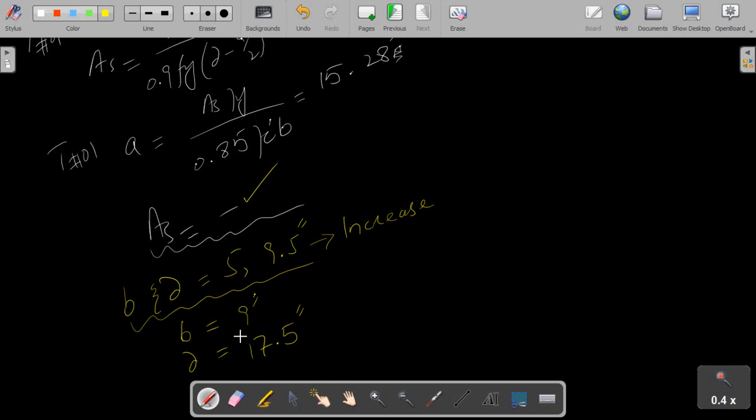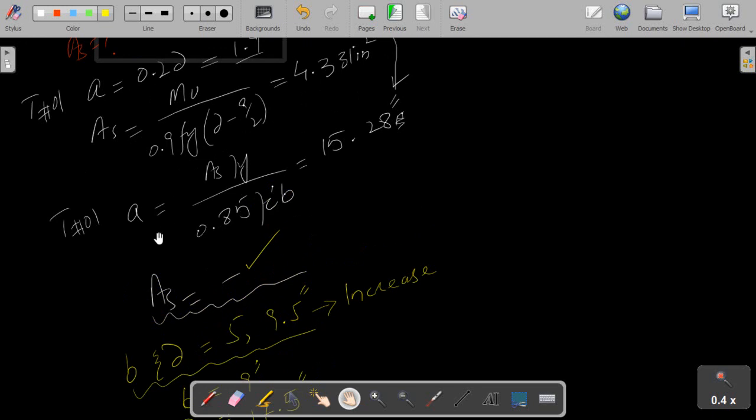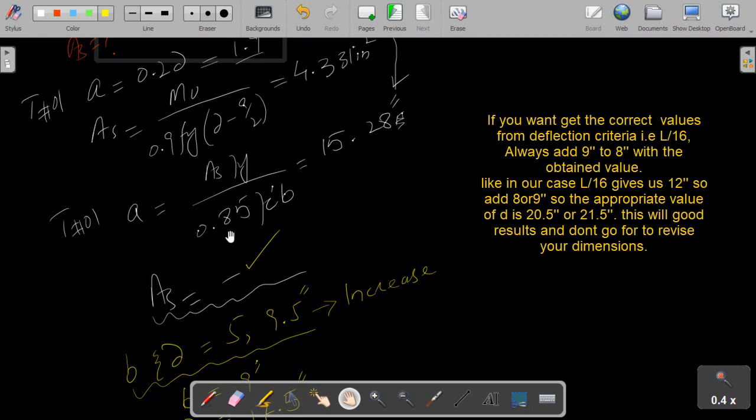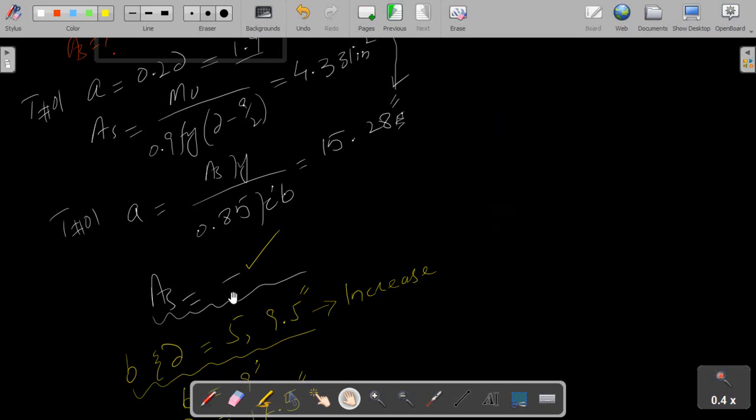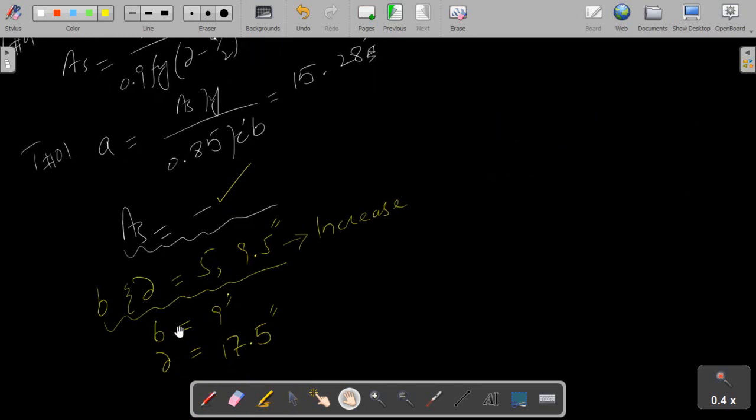Here I'm supposing these values and going for the trial and error method, and let's see whether my area of steel values are coinciding or consistent or not. I will check whether it gives me a negative value or not, right?